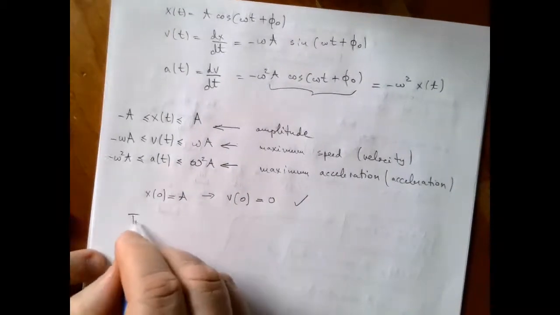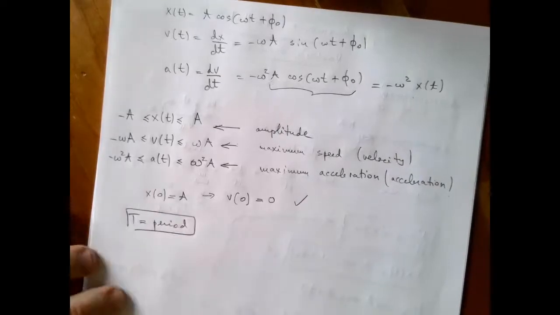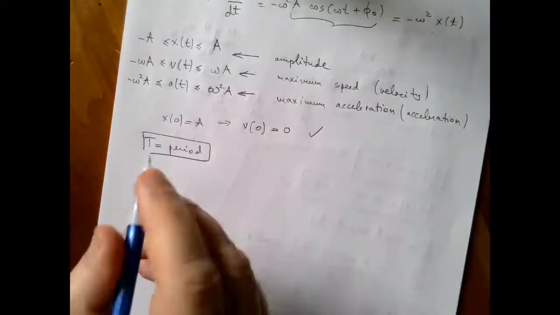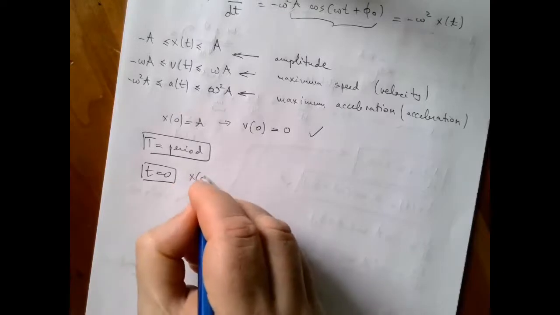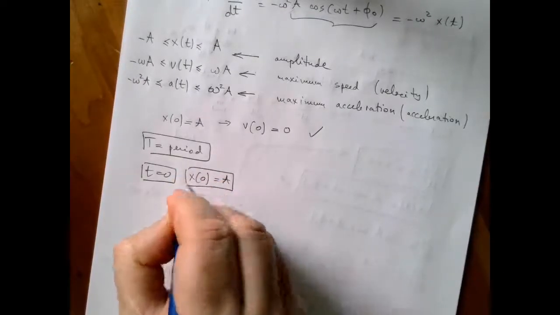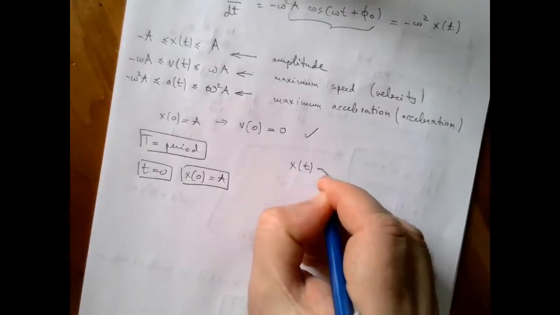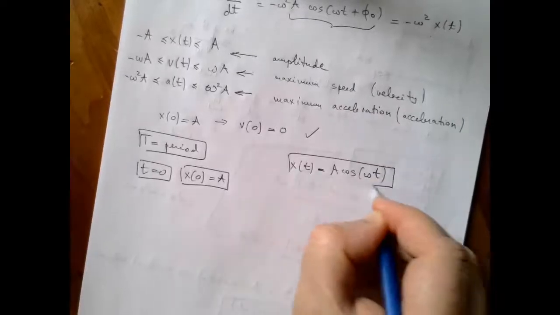An important concept is T, the period of this oscillation, the object going back and forth. An easy way to find the period is like this. At t equal to 0, the object is at position A. Remember, we work with x of t equal to A cosine of omega t.